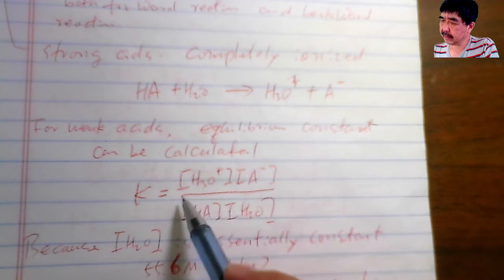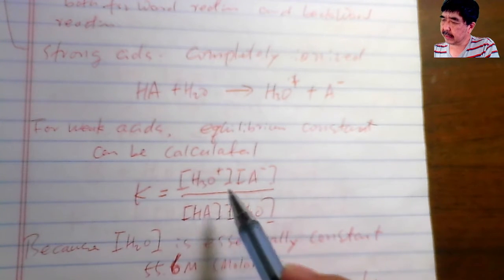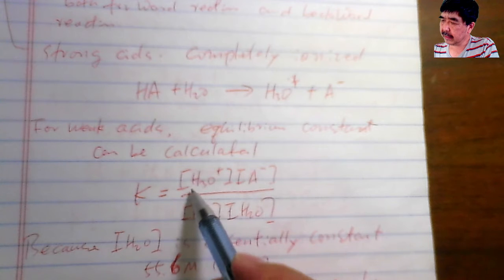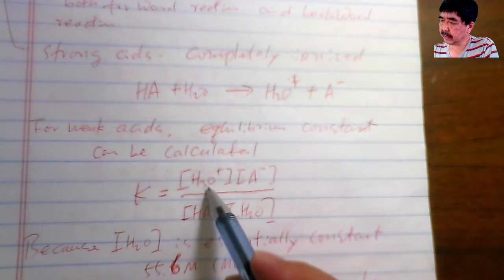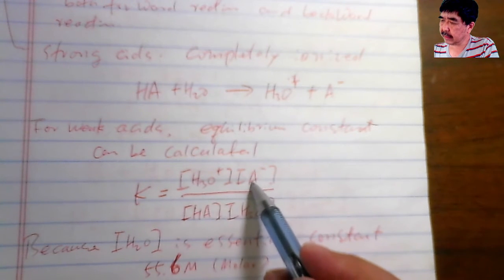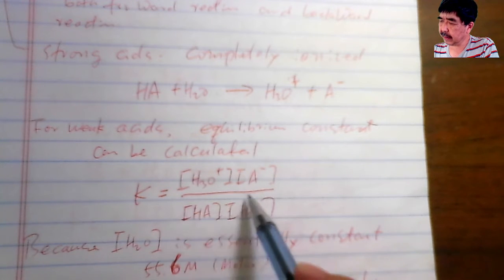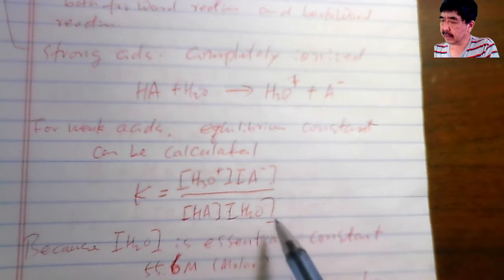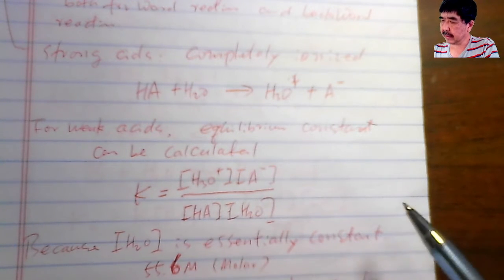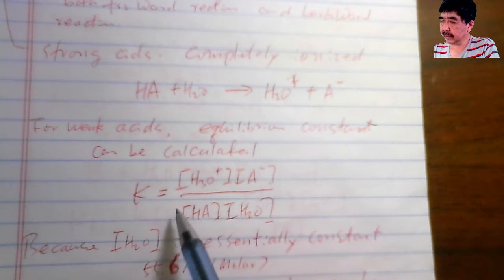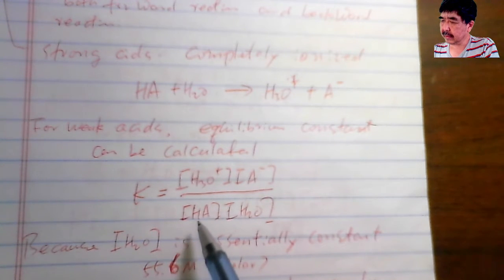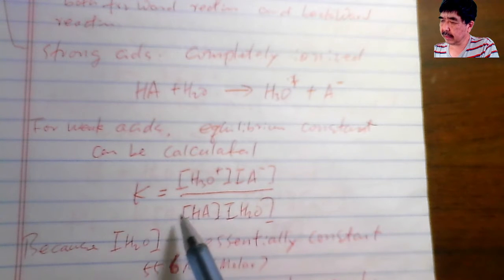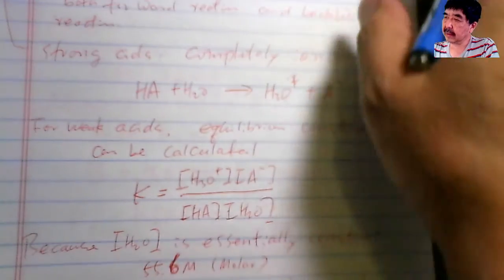This equation is K equal to the product of hydronium concentration and negative ion concentration divided by acid concentration and water concentration. That's the equation for calculating the equilibrium constant.